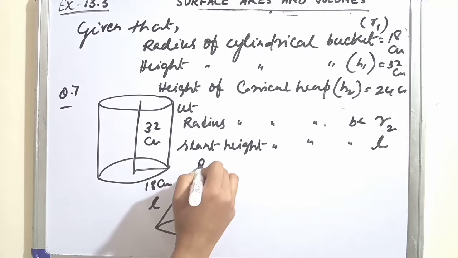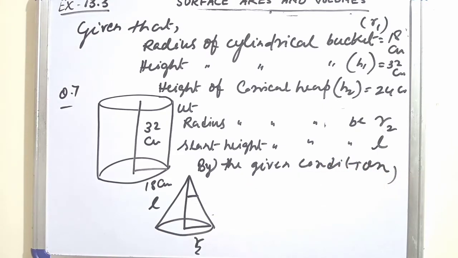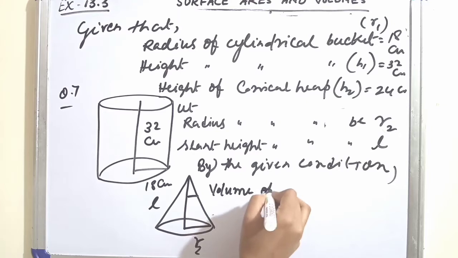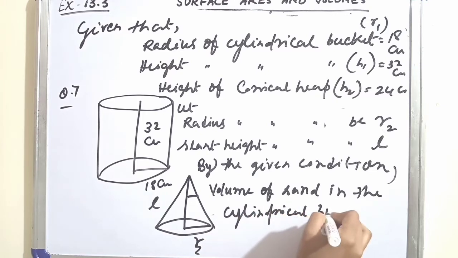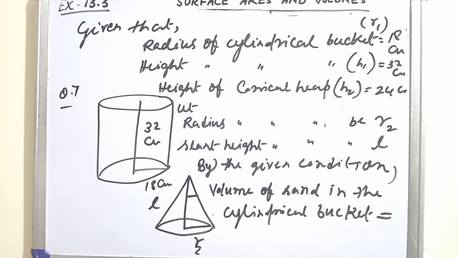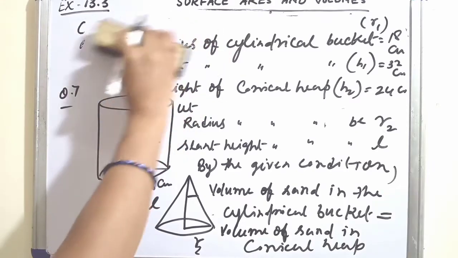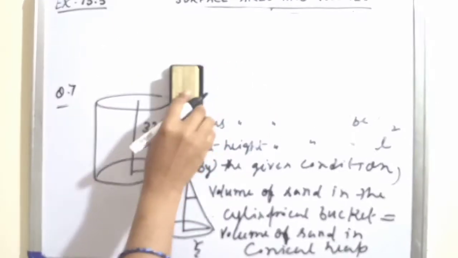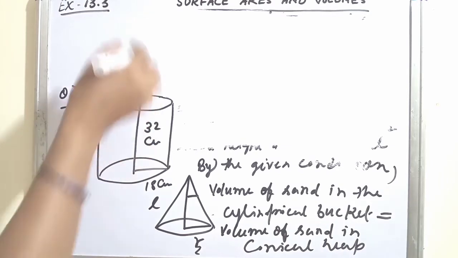So by the given condition, the volume of sand in the cylindrical bucket is equal to the volume of sand in the conical heap. That means the volume of the cylindrical bucket is pi r square h.